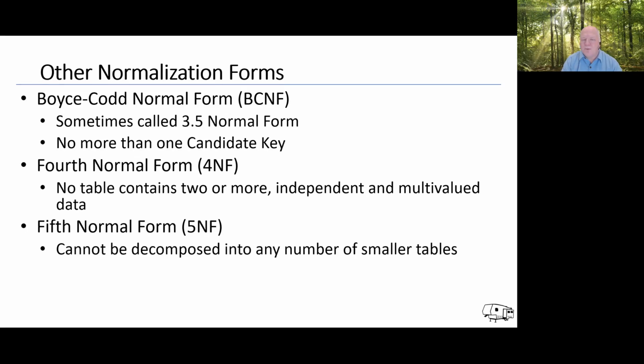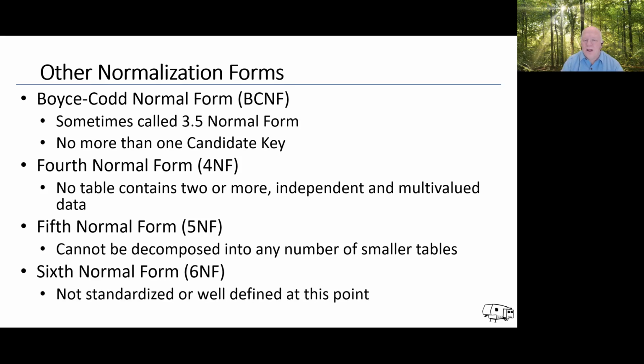And fifth normal form said that we can't break a table down into any number of smaller tables. And that's just more of a statement, again, of the third normal form. Sixth normal form hasn't even been well defined. It was proposed, but no one's come to a consensus on what that one should be. So I wouldn't even worry about that.